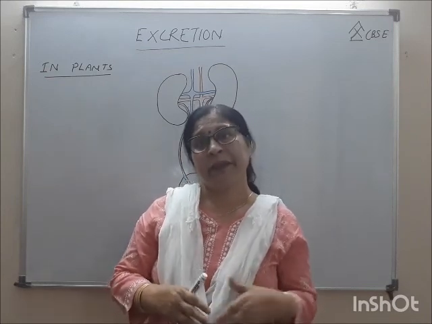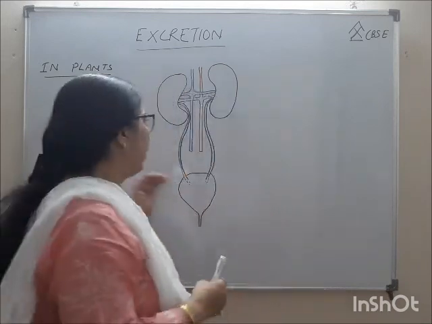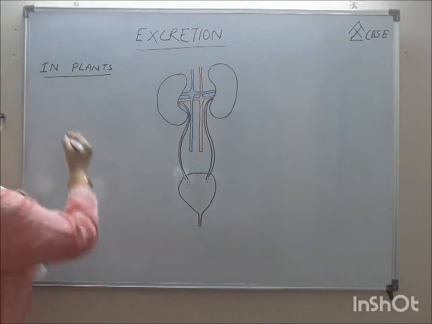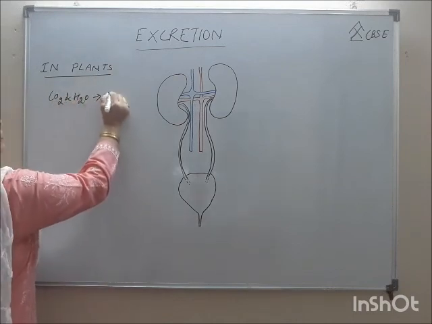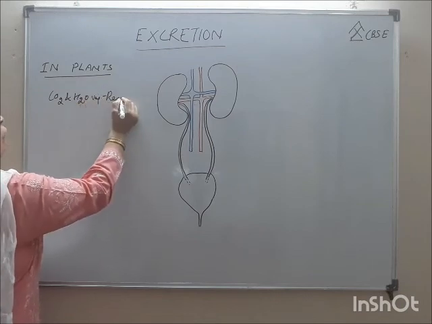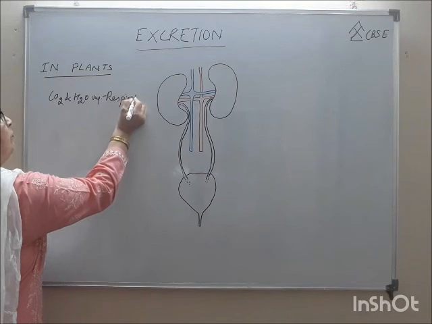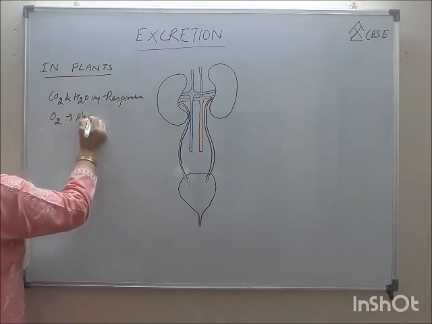So excretion takes place in plants and animals as well. Excretion in plants, that is carbon dioxide and water vapor by the process of respiration, and oxygen by the process of photosynthesis.